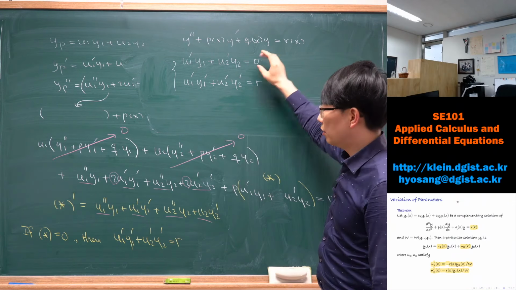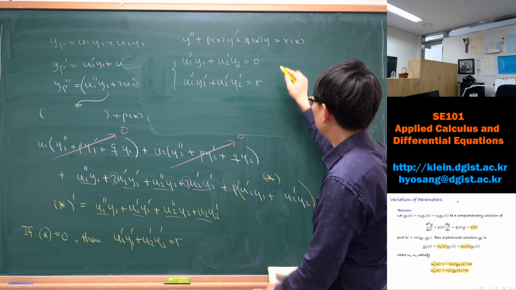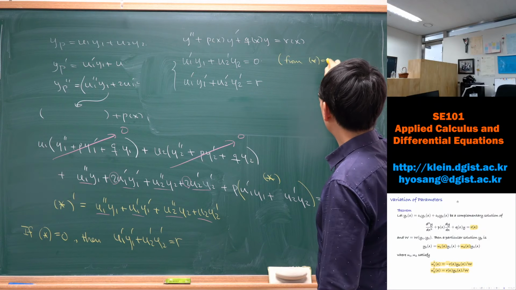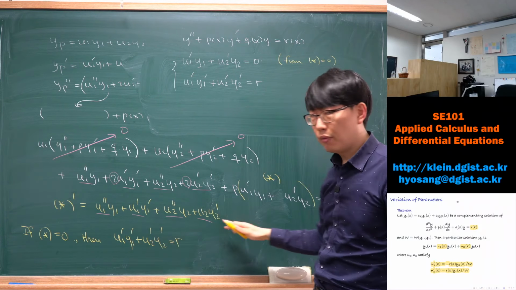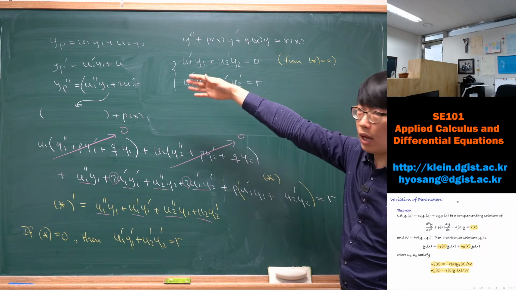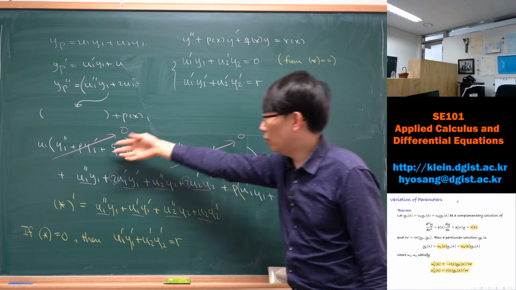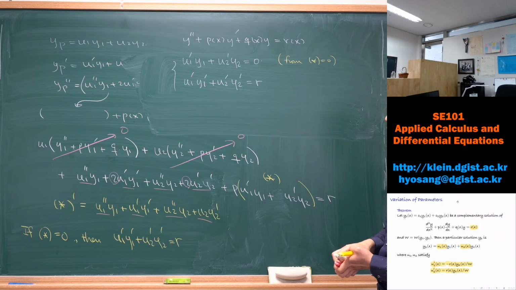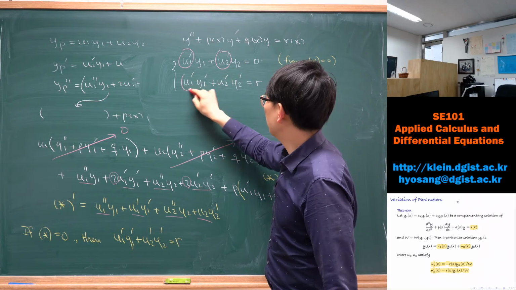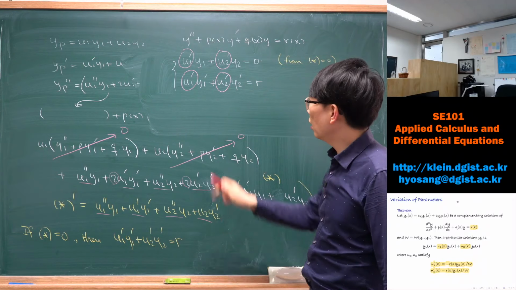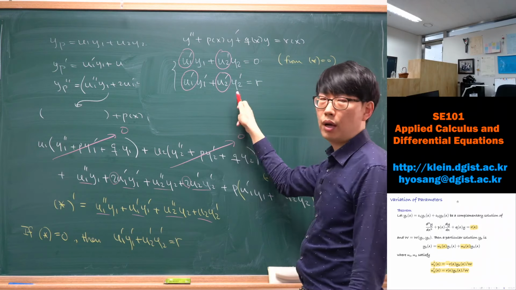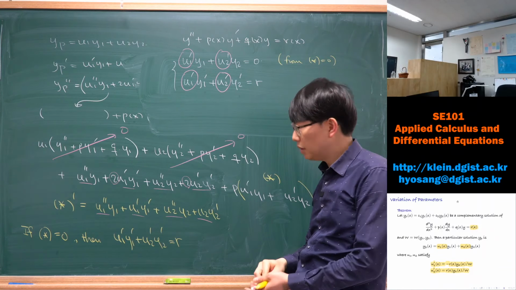Because we assume that this equals 0, this comes from star equals 0, and this equation from our assumption. If these two are satisfied, then we can solve this differential equation. We can solve for u1 and u2 satisfying the differential equation. But you see that u1' and u2' appear in both equations, and you can consider y1, y2, and y1' and y2' as coefficients, right?